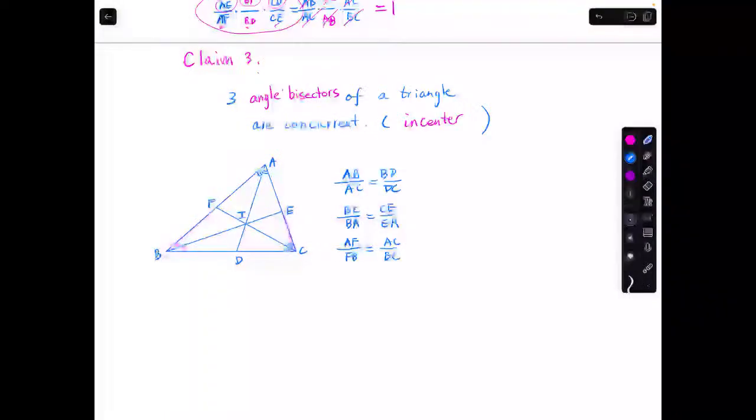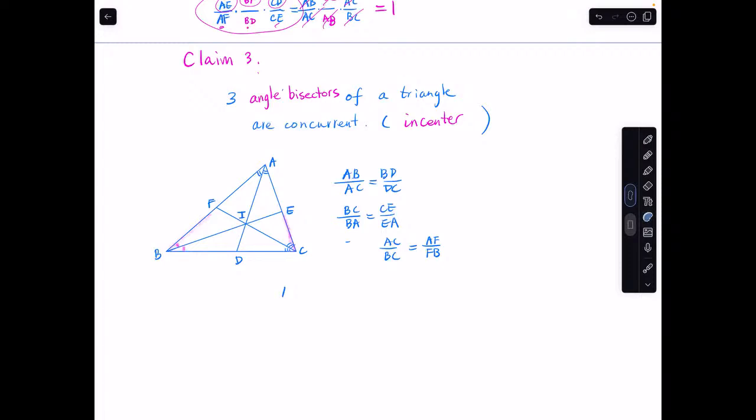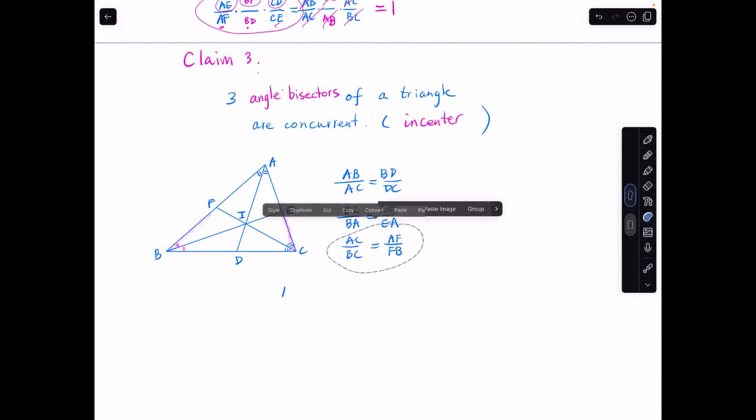If you multiply them together, let's change the size here. This is better, and multiply them together. The left hand side is going to cancel, so everything is cancelled.